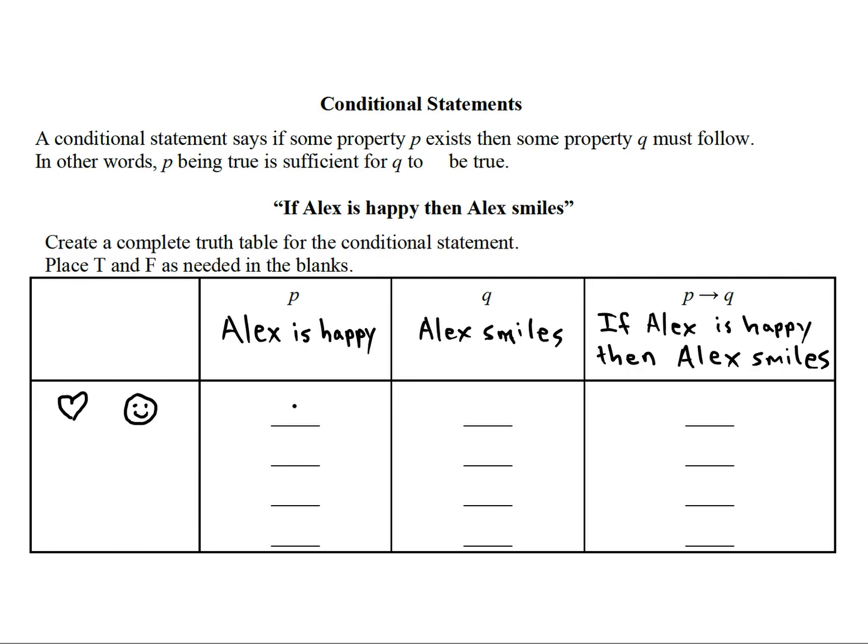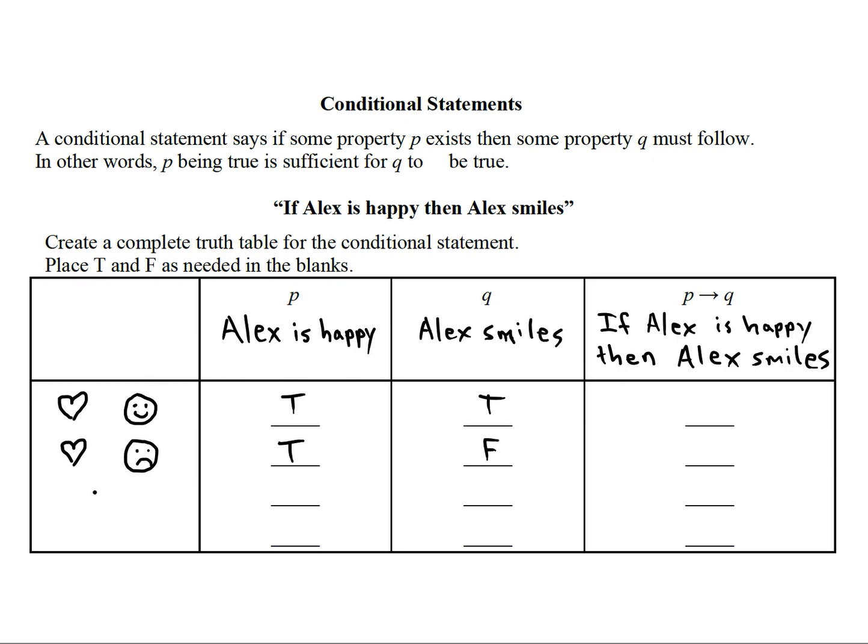So what type of situation do we have here? Alex is happy, and Alex smiles. Now let's try the case where Alex is happy, but doesn't smile. Then we would have T F.